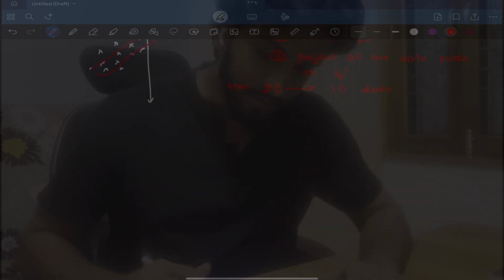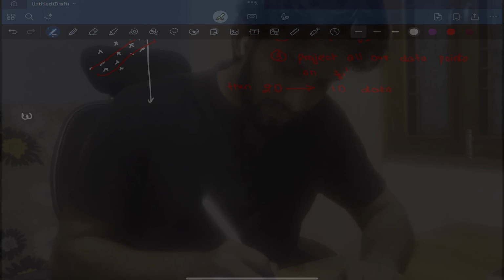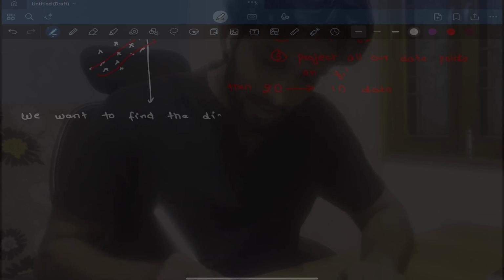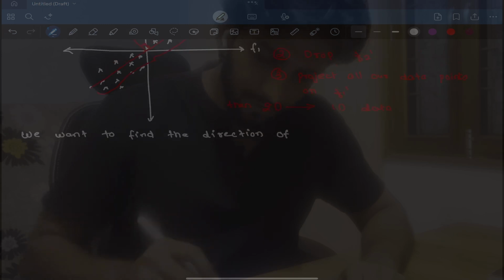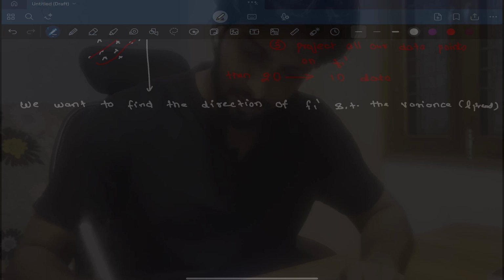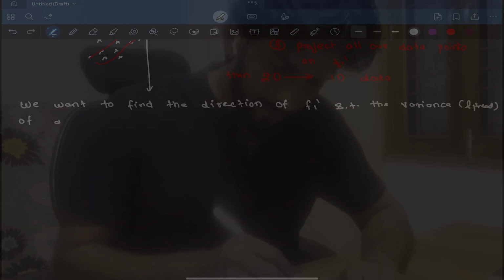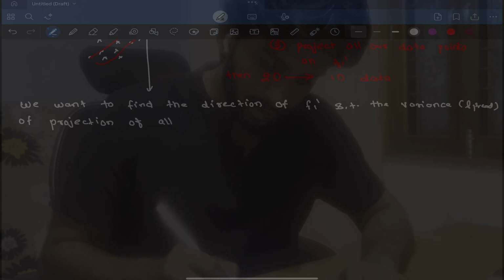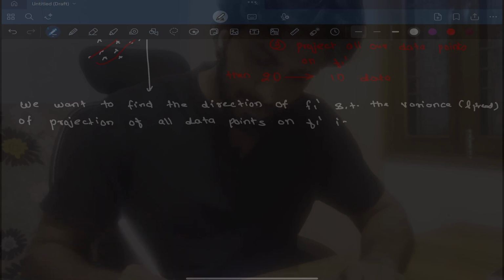So in very plain English terms, we want to find the direction of f1 dash such that the variance, or you can say spread, of projection of all data points on f1 dash is maximum, right?